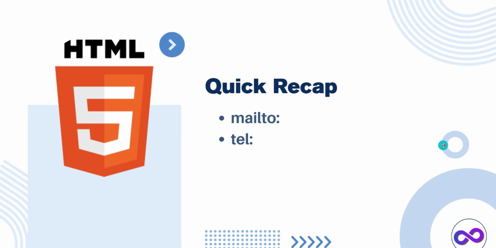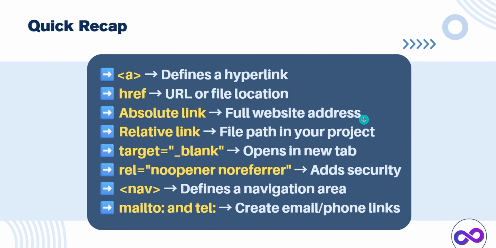All right, let's summarize what we learned today. Anchor tag defines a hyperlink. href specifies the destination URL. Absolute links are external, a full website address. Relative is a file path in your project or inside your folder.